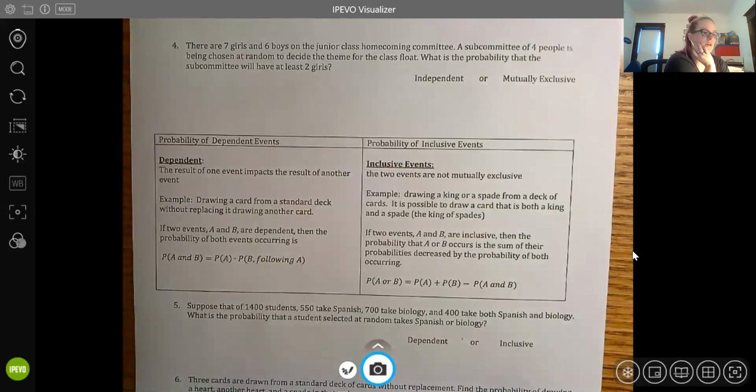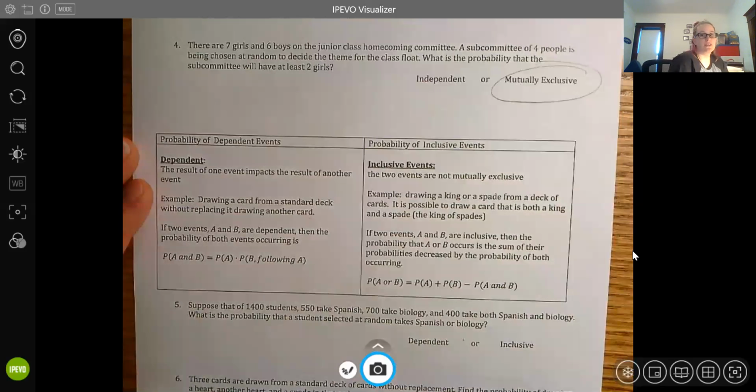Okay, so is this independent or mutually exclusive? So it says at least 2 girls. So they could have 2 girls, they could have 3 girls, or they could have 4 girls because they have 4 on the committee. So this is mutually exclusive. This is an or statement. So 2 girls or 3 girls or 4 girls.